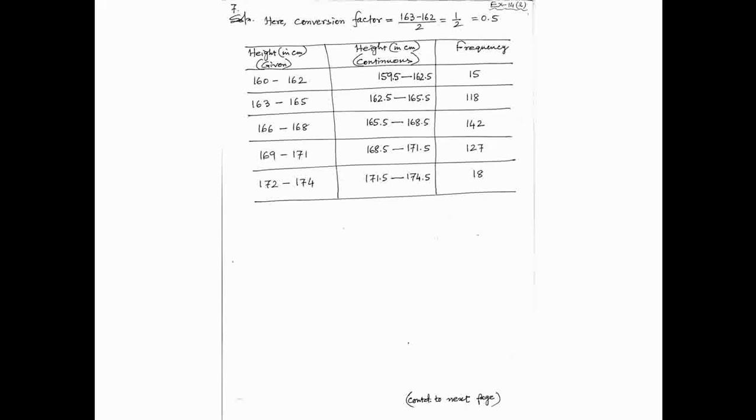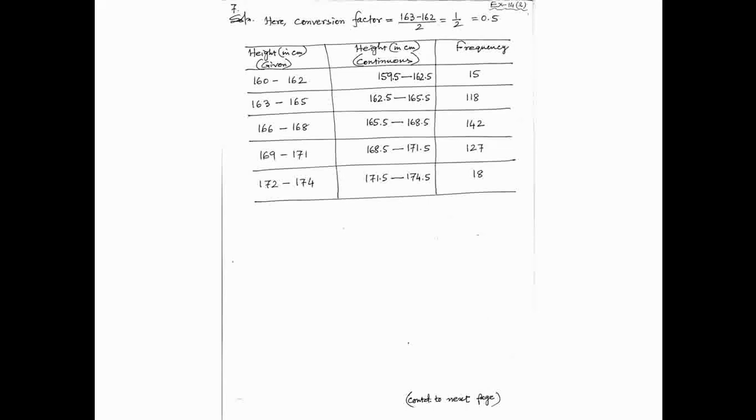If you subtract, you will get 159.5, and the upper limit you will get 162.5. Similarly, in the second class interval, you get 162.5 after subtracting 0.5, and the upper limit after adding, you get 165.5.